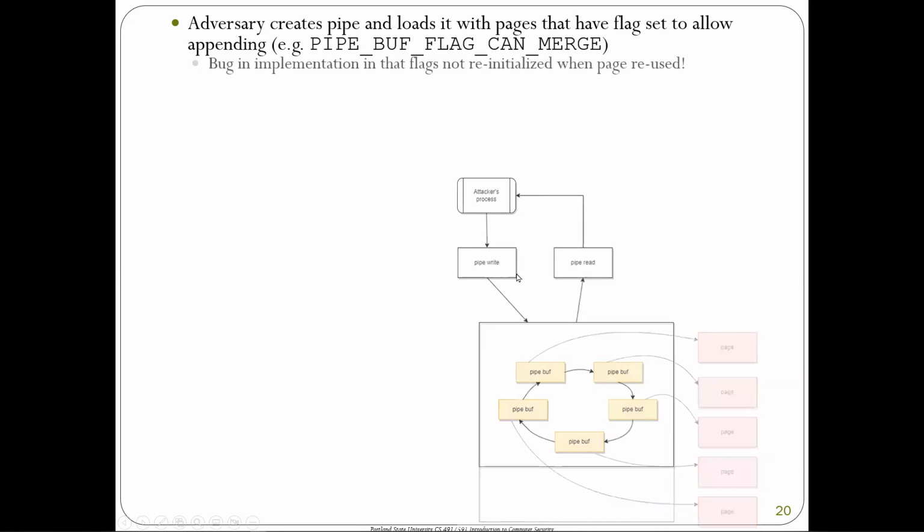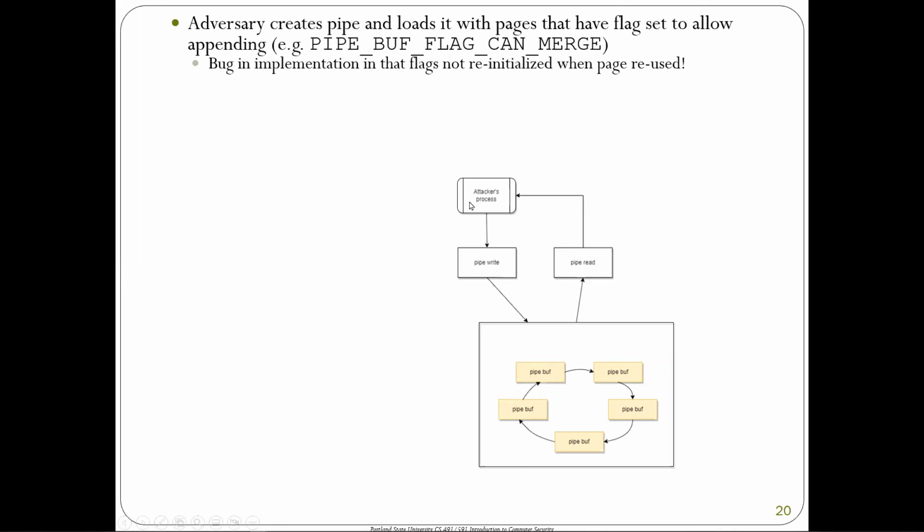Okay. There is a bug in this implementation: if you decide to create another pipe, the pipe buffer structures are reused, so these things are shared across any of the pipes of this particular process.